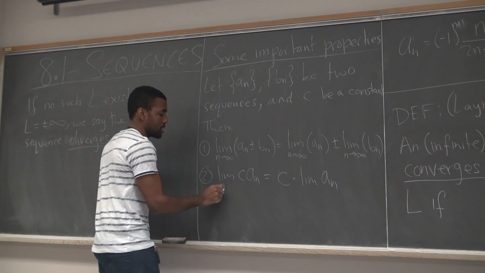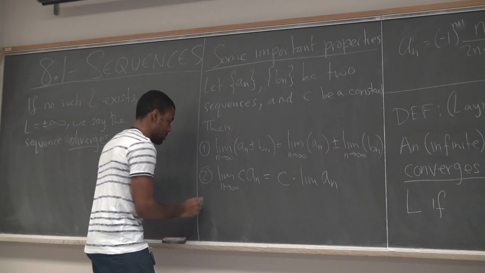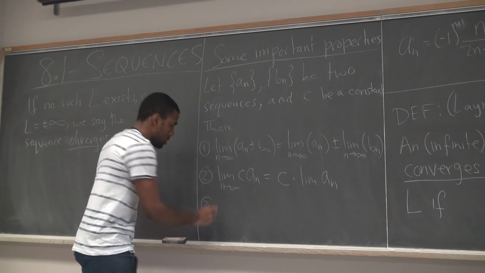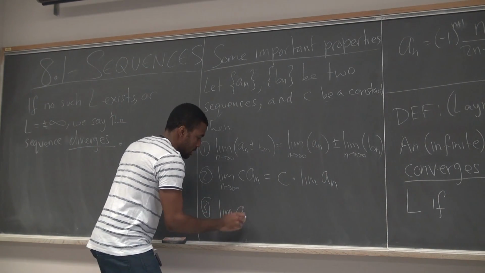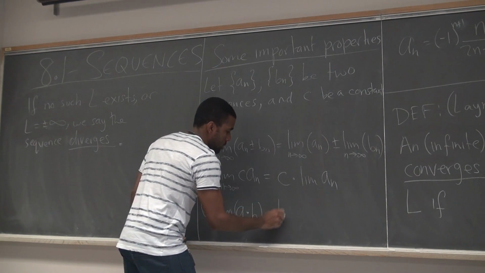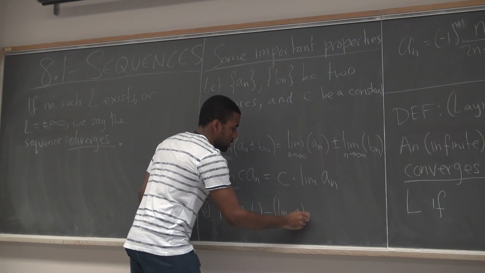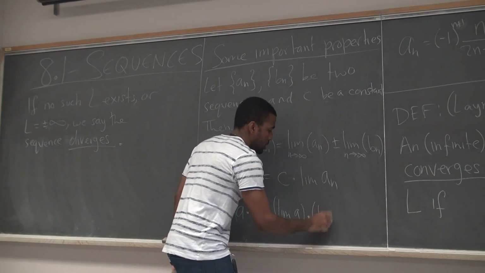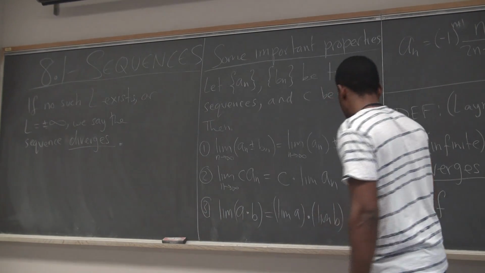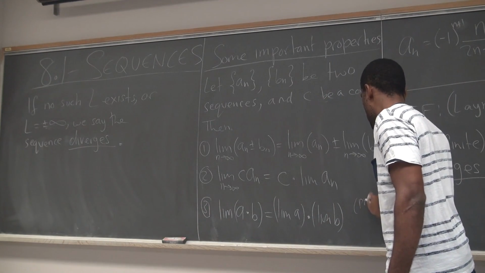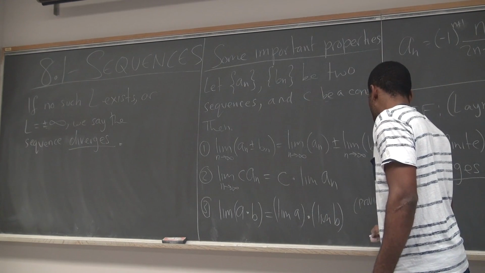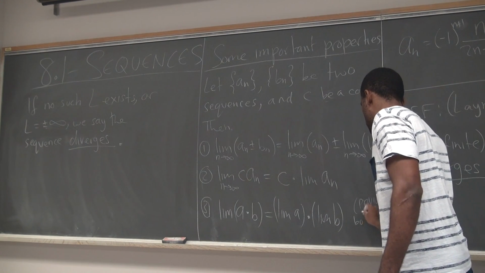For sequences, the limit is always as n goes to infinity, so sometimes I'd be sloppy and leave that off. The limit of a times b is just the limit of a times the limit of b, provided both converge.